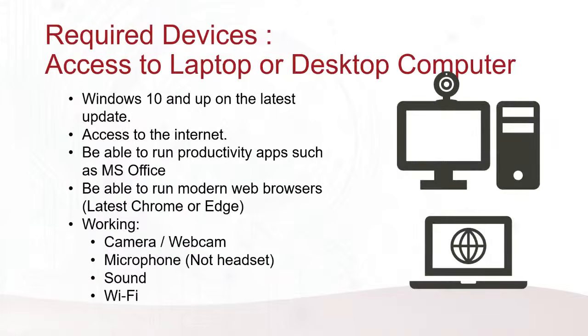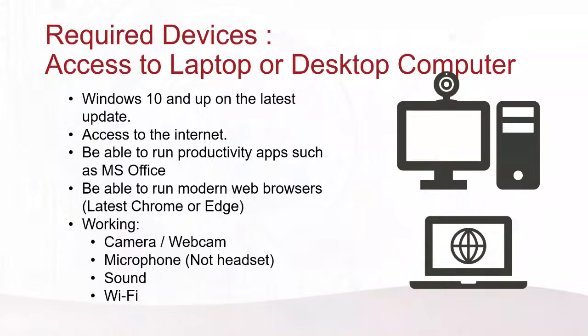Then if you're using a laptop or desktop, especially if you will be using Iris, you will need to use a desktop or laptop. Remember, that also needs a working camera, microphone, and sound. Also, preferably it can run Windows 10 and it's got a good internet connection.